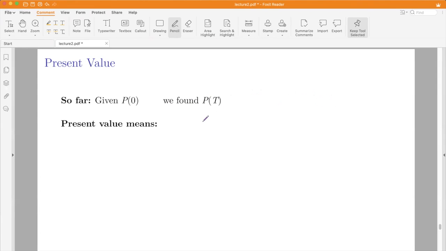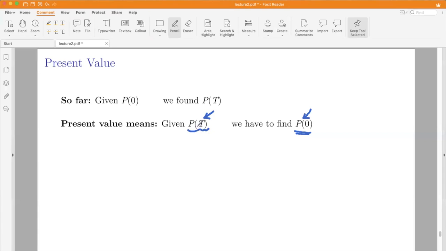Now, what is our interest in present value is, given the maturity value, we have to find the present value, that is, today what we may have to invest in order to get the future value given by this amount. That is the idea of present value.